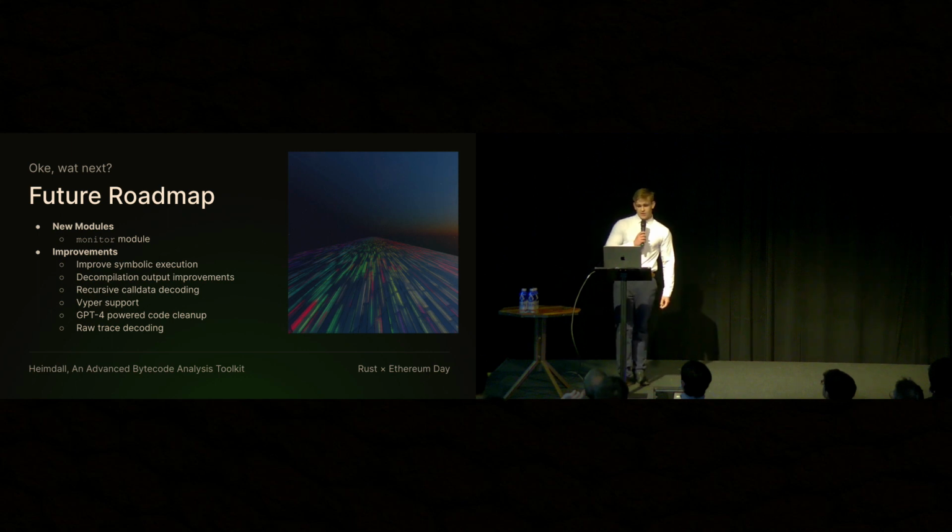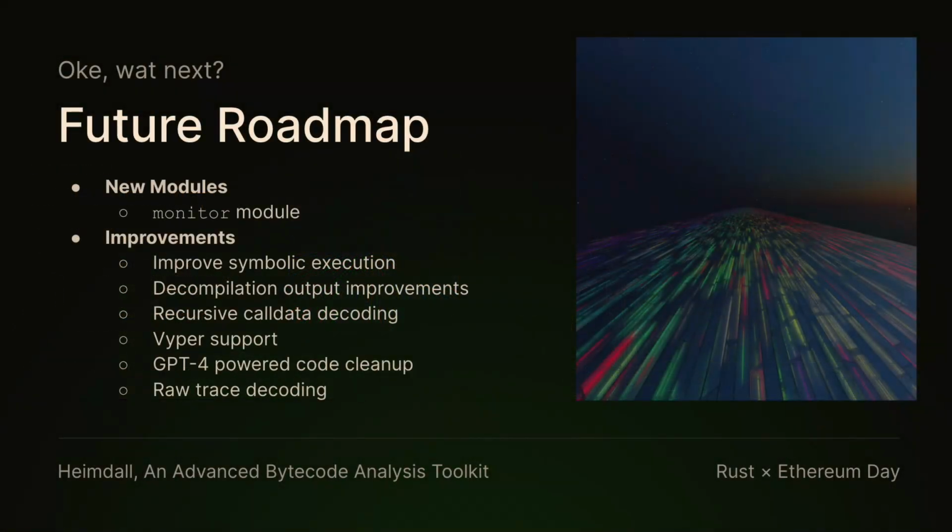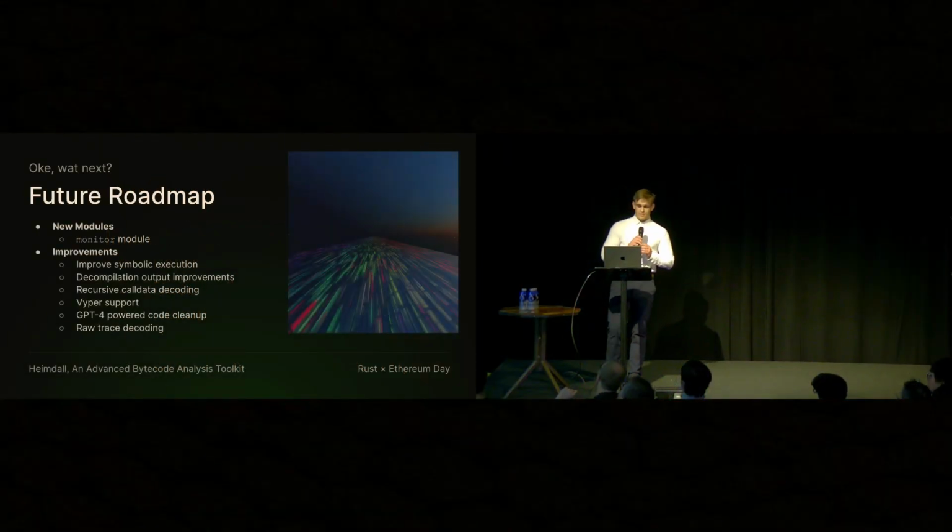Okay, so what's next? I'm going to be working on a monitor module, which basically will just watch the mempool for some patterns and then call cron or whatever you want it to do whenever something happens in the mempool. And then I have some improvements, like improving symbolic execution, because it's rough and loop detection is very hard. Breaking out of loops is hard. Improving the decompilation output so that you can actually recompile it, or just making it better.